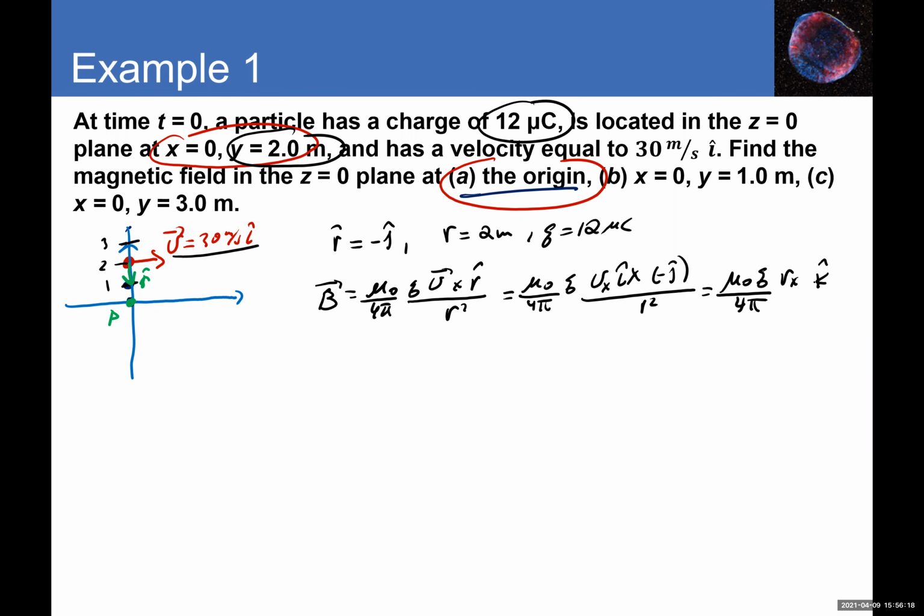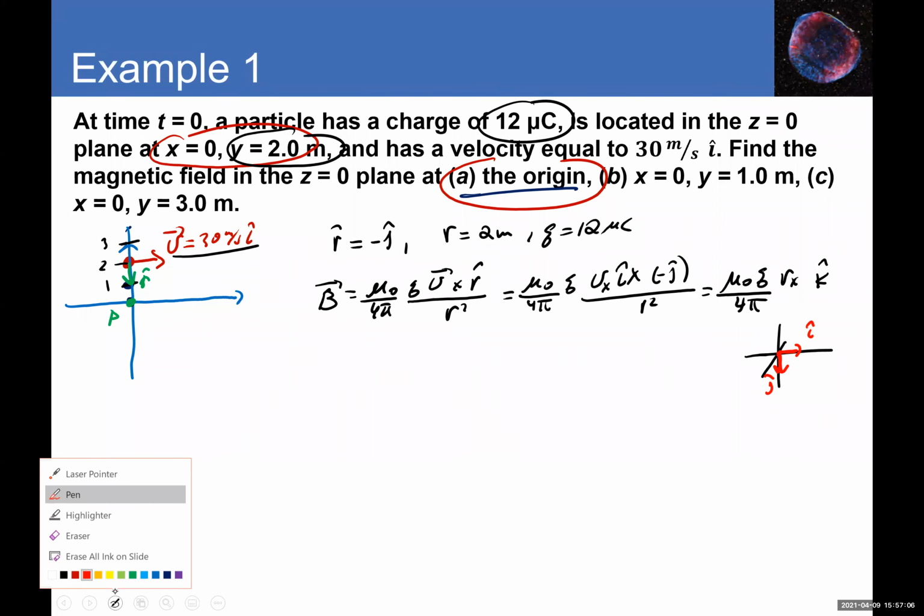You can think of it like this, here's one way to get that cross product. You have i hat and negative j hat. So what we're going to do here is use our right hand.